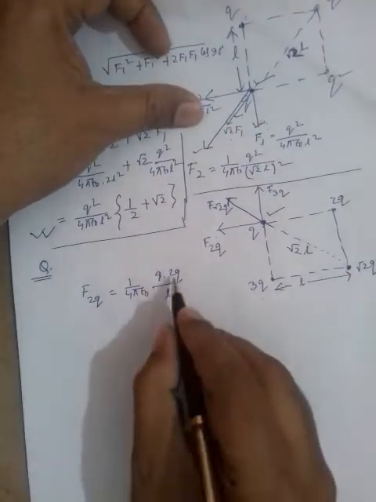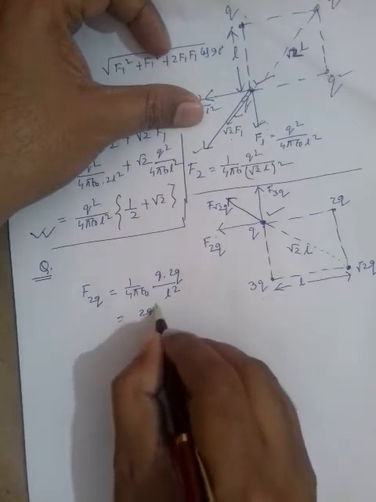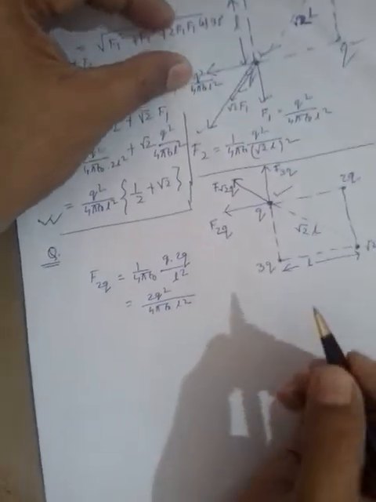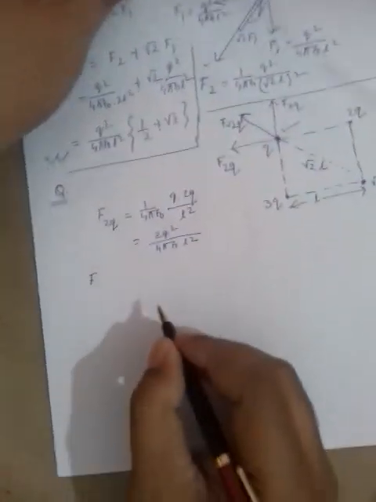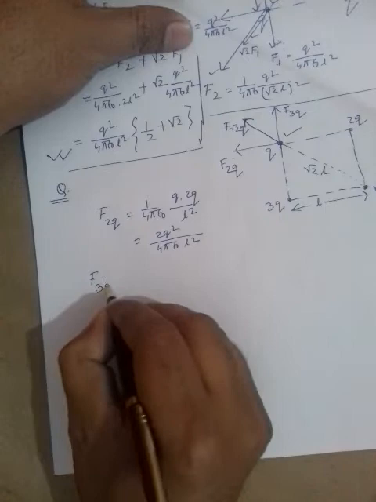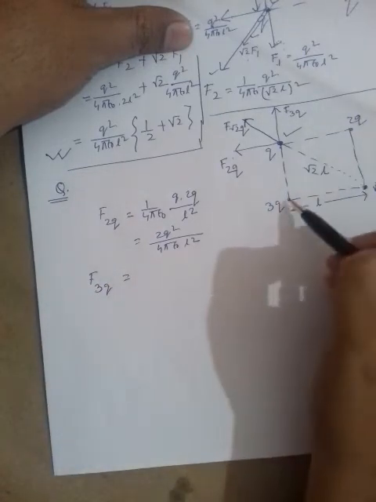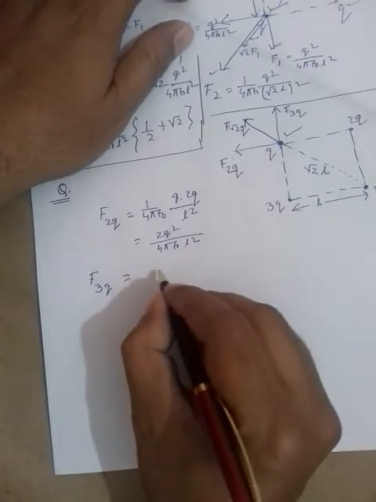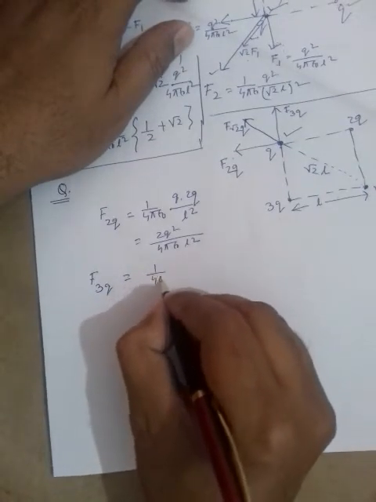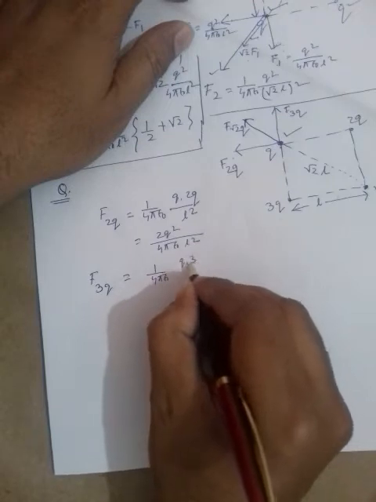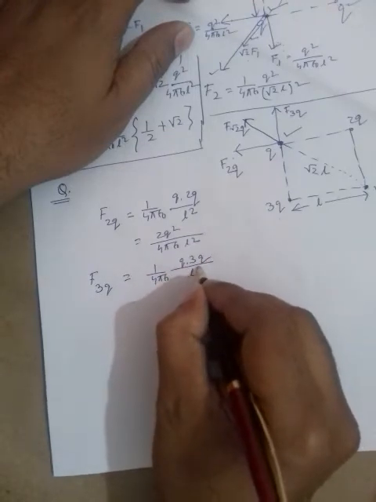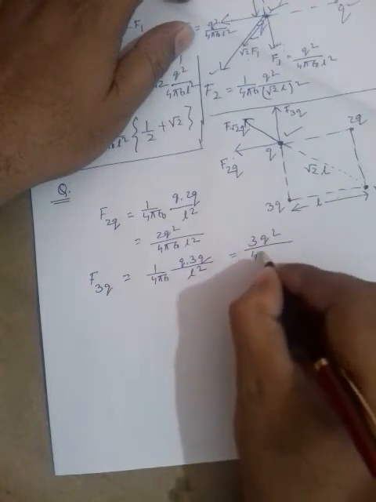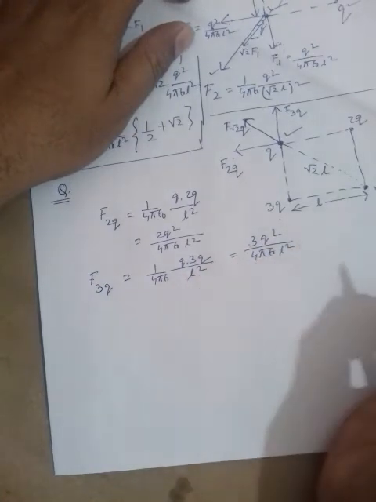So force is twice q square by 4 pi epsilon naught L square. If you write force because of thrice q, it will be in this side because it is repulsion. In the same way, it is 1 by 4 pi epsilon naught, q into thrice q divided by L square. So it becomes 3q square by 4 pi epsilon naught L square.